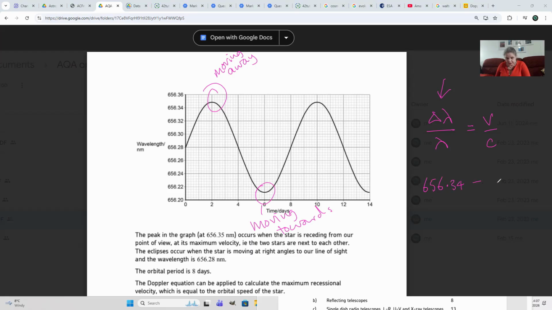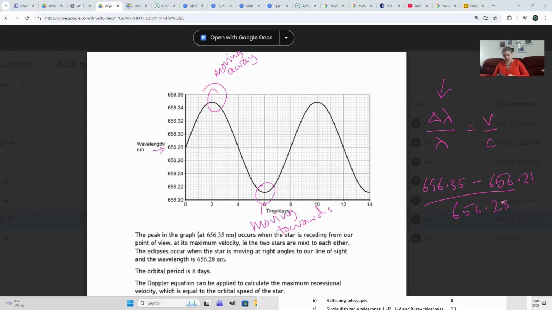So our change is 656.35 minus 656.21, which is close enough, divided by the actual wavelength when it's not moving towards or away, which is 656.28.